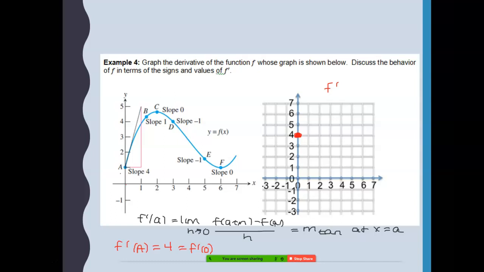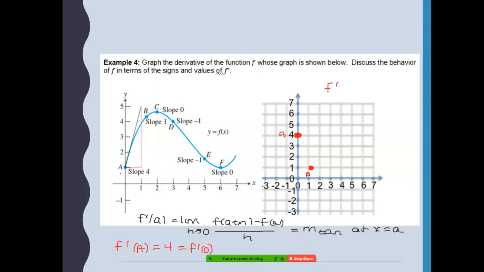So that means f prime of B is equal to 1. And B is kind of between 1 and 2. So over here on this graph, it means I have a point here at 1. And this represents A. This represents B. So C has a slope of 0. And it kind of looks like C is at 2.